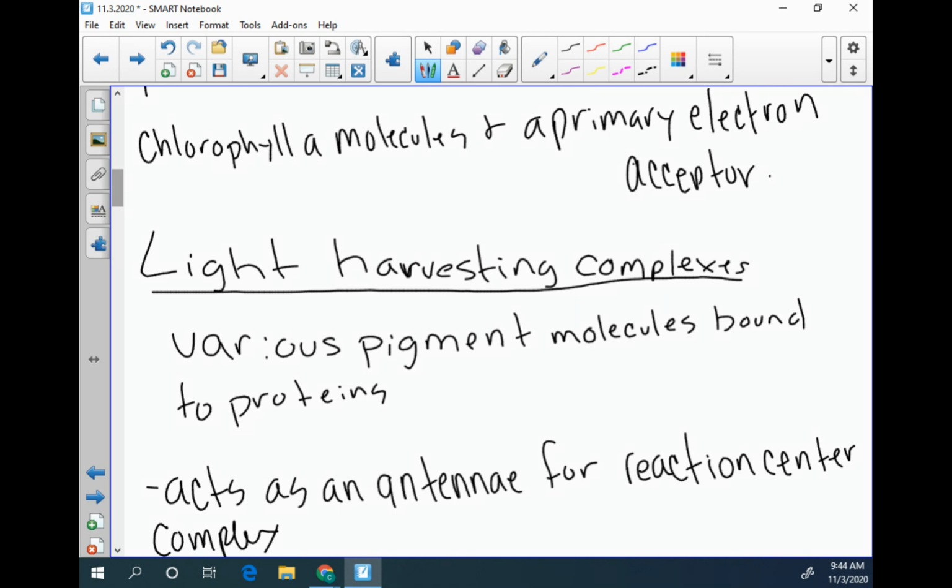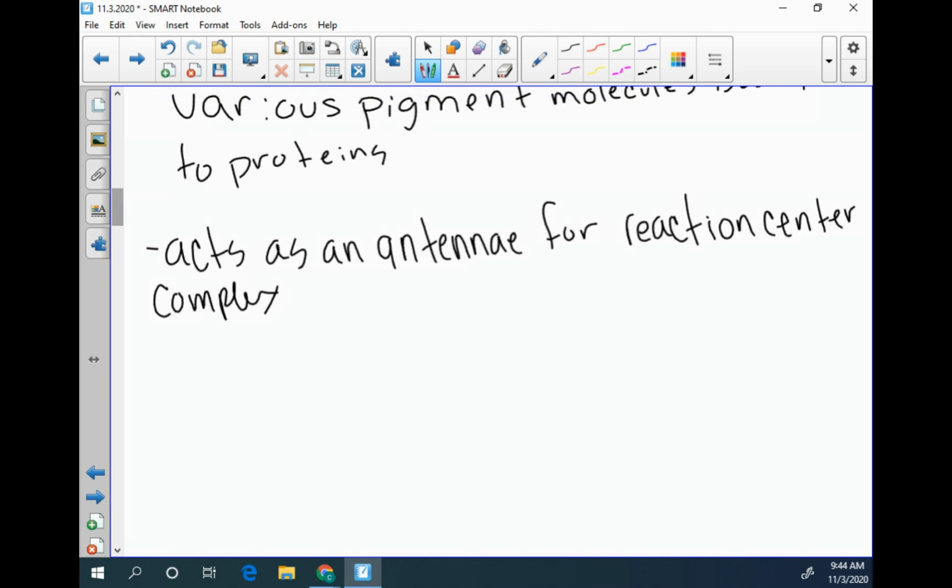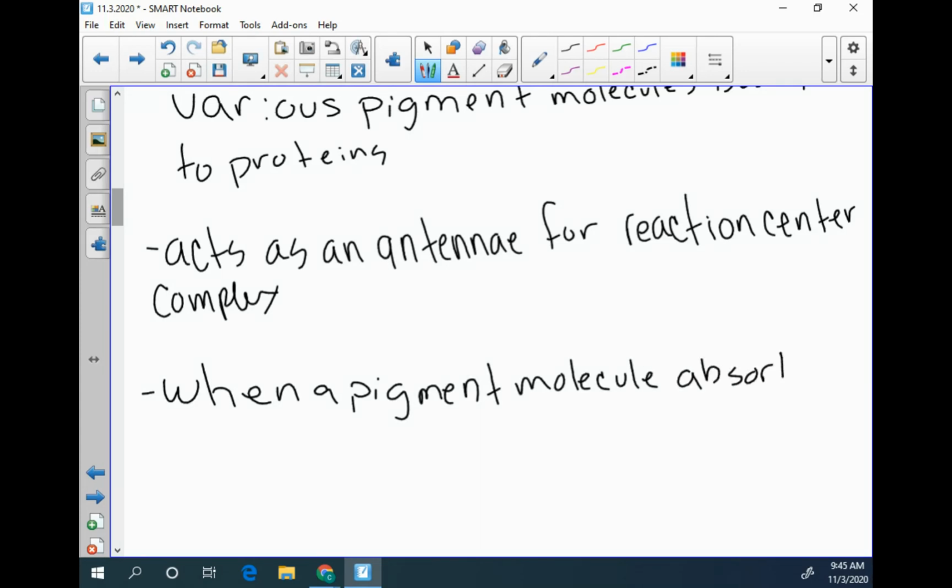So the light harvesting complexes kind of suck up the light energy and channel that light energy into the reaction center complex. Because when a pigment molecule absorbs a photon, this is in the light harvesting complexes.